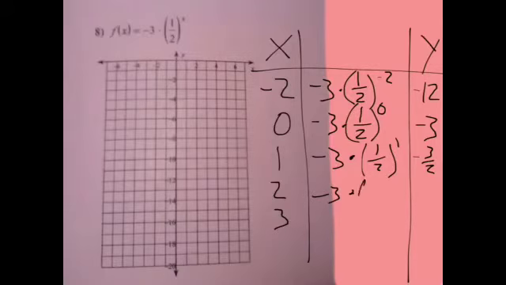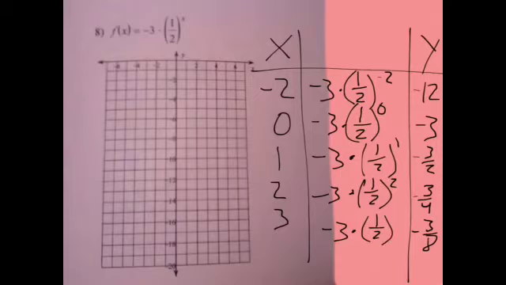And these ones are going to have practically the same denominators as the previous one. You can get -3/4 and then -3/8, because it's -3 times 1/2 to the third, and that's 1/8. So now we got this.